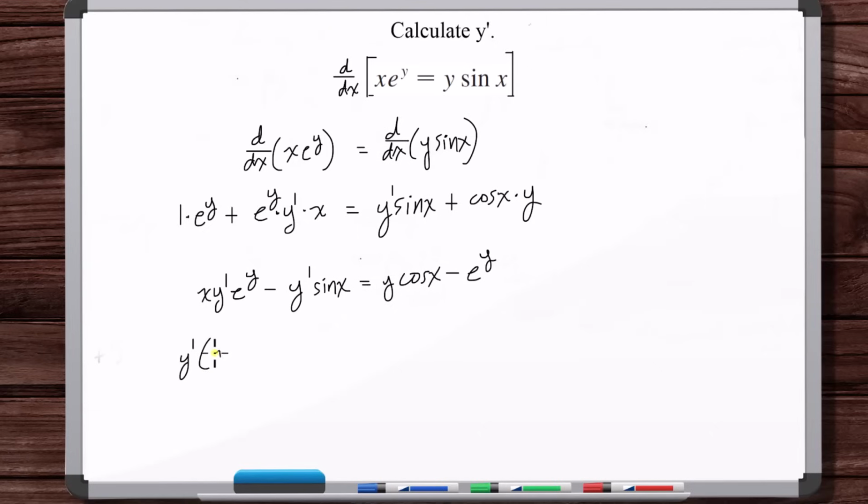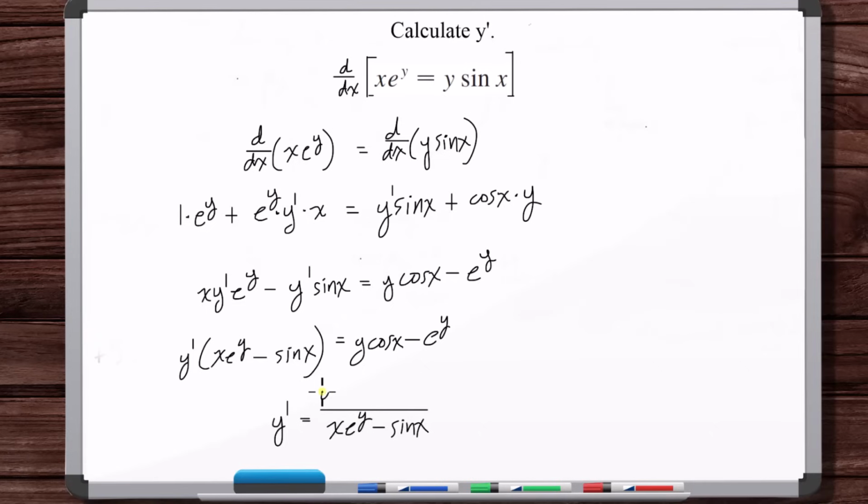Factor out a y prime. So y prime is equal to, and that is the derivative.